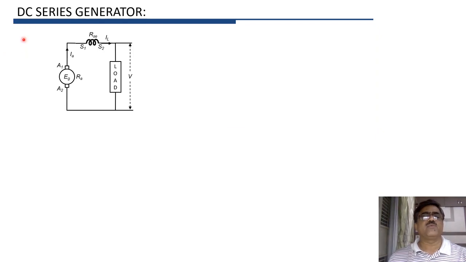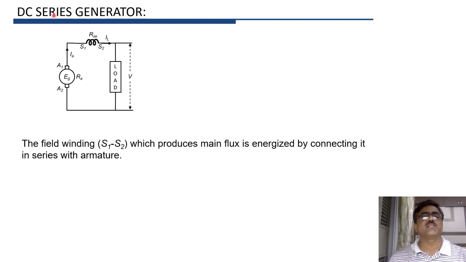Another type of self-excited generator is DC series generator. So we know that in case of DC series generator, the field winding S1, S2 is connected in series with the armature A1, A2, and thus armature current is circulated through the field winding, which gives necessary excitation and magnetic flux is produced.